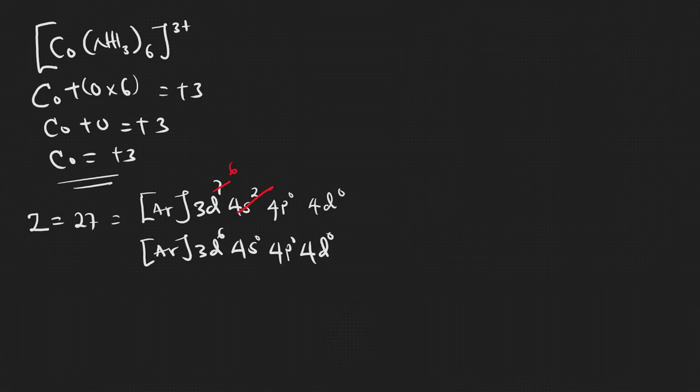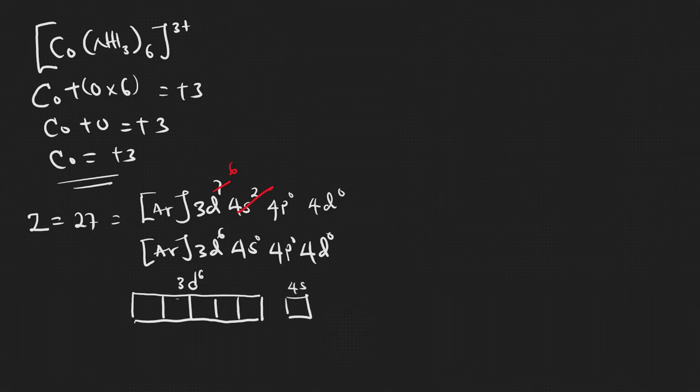So drawing the orbitals now, we're going to have something like this. 1, 2, 3, 4, 5. This is 3d, the 3d6. Then we have the 4s.